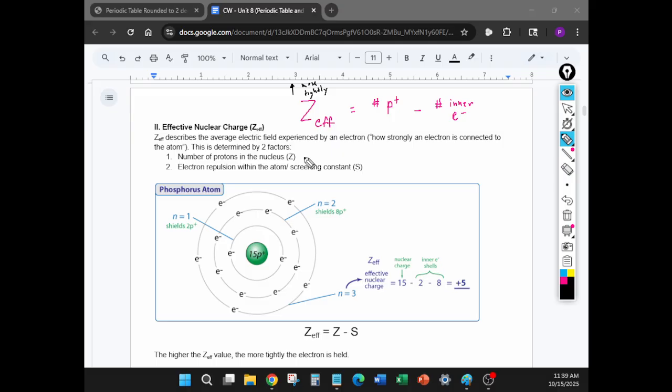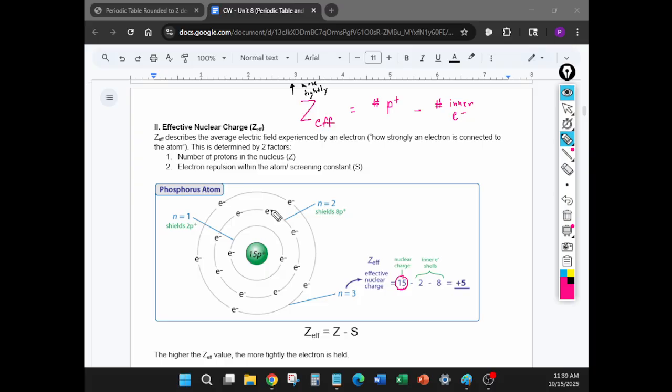To do this, we're going to look at the Zeff for phosphorus. This is our diagram. Phosphorus is element number 15, so it has 15 protons. That's P right here. So this is the number of protons, minus the inner electrons. The valence electrons are in the third shell, so all we have to do is count up the electrons in the inside shells.